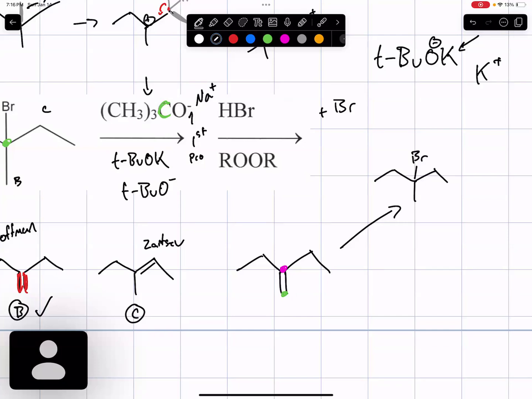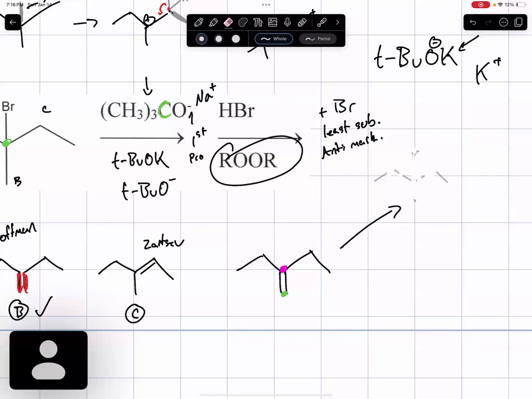No, that's not correct, because HBr and ROOR adds Br to the least substituted side. It's anti-Markovnikov. And remember, anti-Markovnikov adds Br to the least substituted side. Do we remember this? If this was just HBr, you would be correct, and this would be our product.